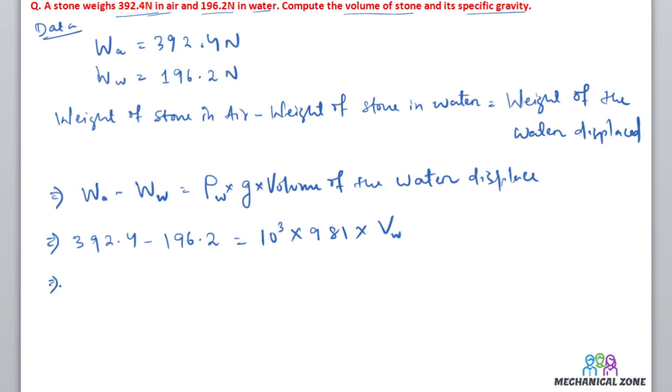So you will get the volume of water displaced as 392.4 minus 196.2, which is 196.2, divided by 10 to the power 3 into 9.81. We will get the volume in terms of meter cube.